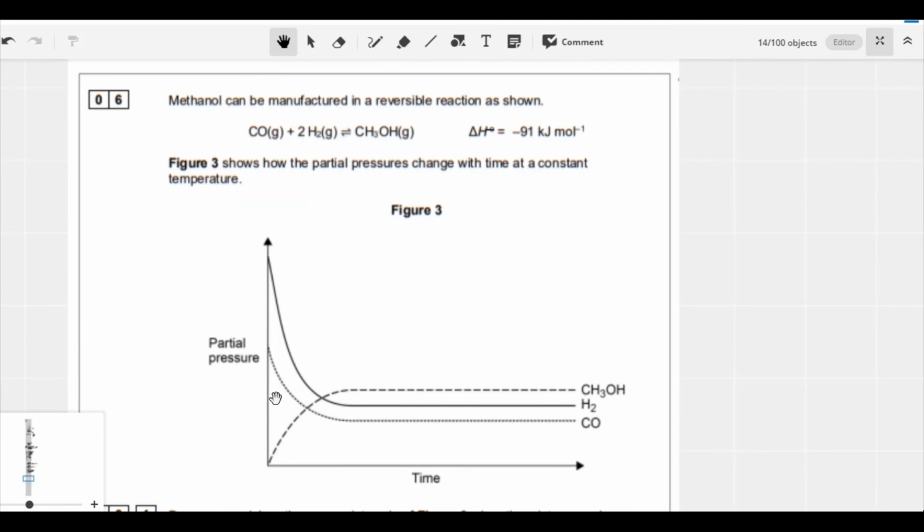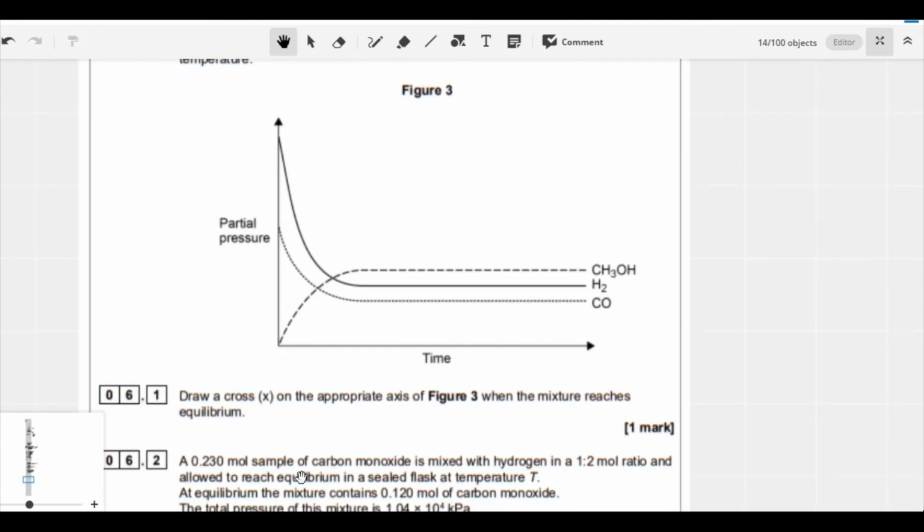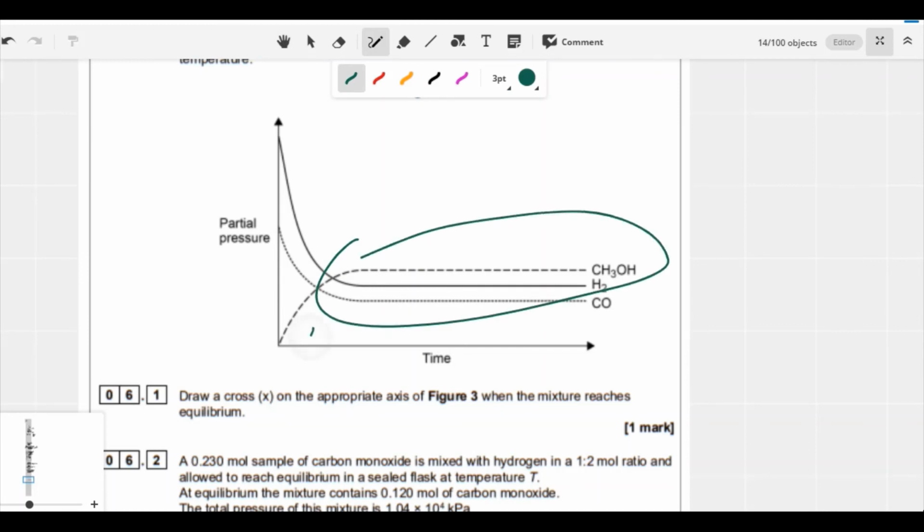Draw a cross X on an appropriate axis of fig 3 when the mixture reaches equilibrium. That equilibrium state is parallel to time.